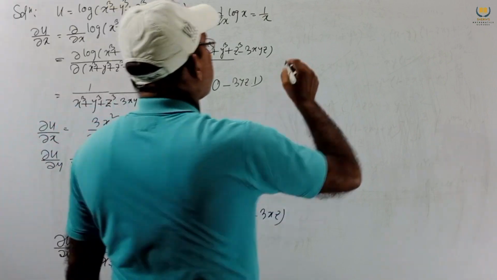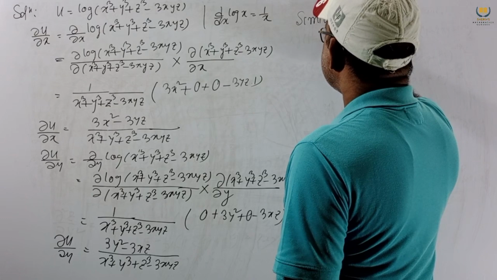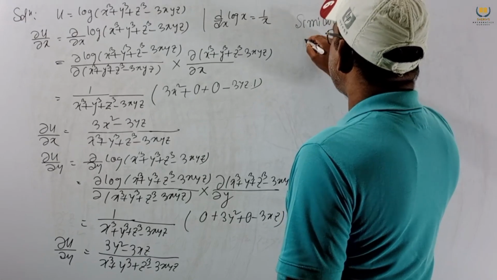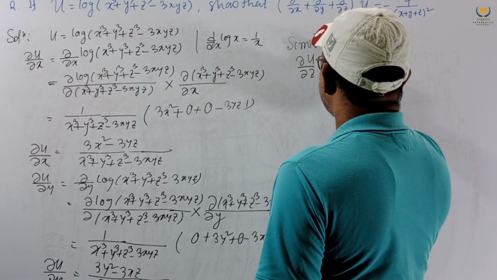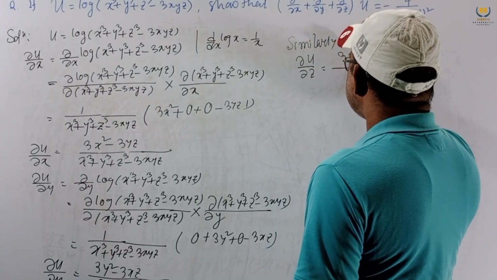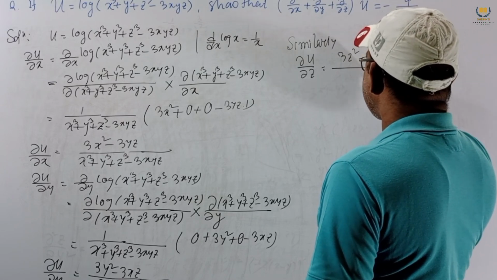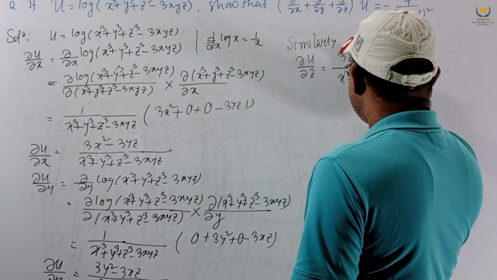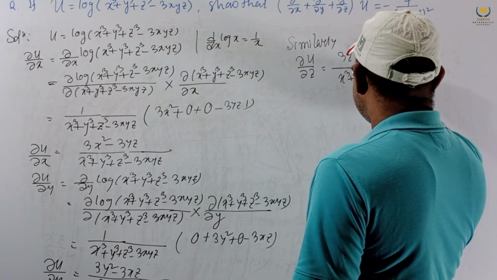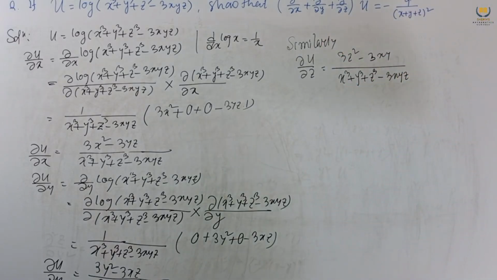So similarly we can write the third one, no need to find ∂u/∂z: it equals first 3z², next 3xy, over x³ + y³ + z³ - 3xyz. We get this one.